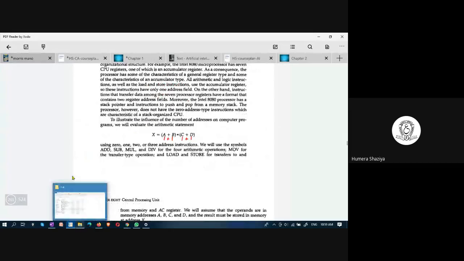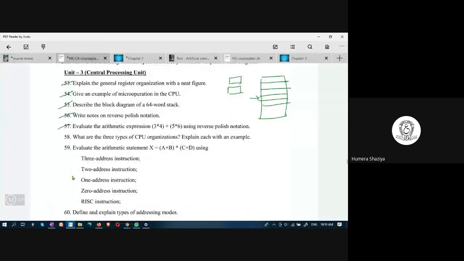Next question is evaluate the arithmetic statement. For this, you have to write this answer.